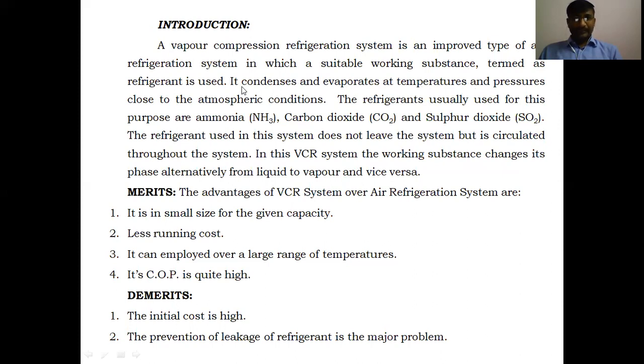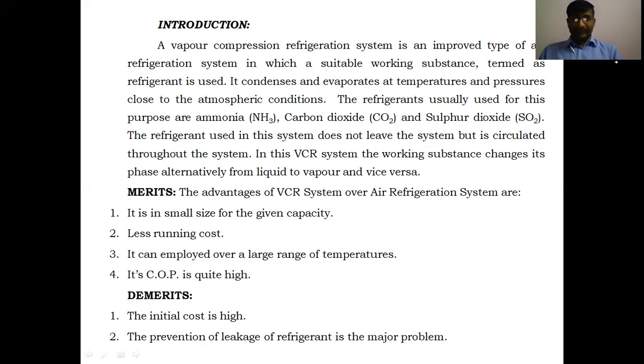Continuously, the working fluid condenses and evaporates at temperatures which are closer to atmospheric. The refrigerants usually used for this purpose are ammonia, carbon dioxide, sulfur dioxide, etc. The refrigerant used in this system does not leave the system.